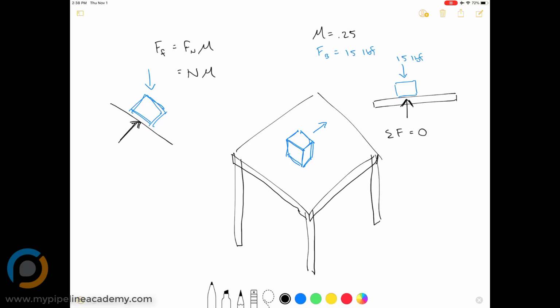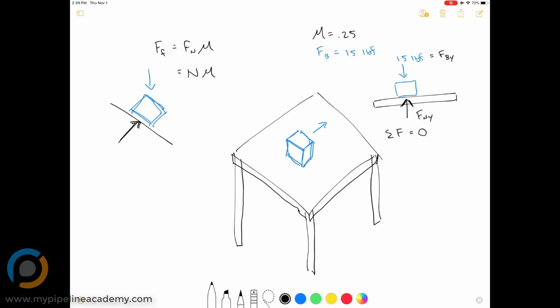So all we have is forces in the y direction. This is our force of the box, and it's in the y direction. And then we have our normal force, which is also in the y direction. We know that the sum of the forces equals 0 because our box is at rest. It's not moving, so the sum of the forces has to be equal to 0.